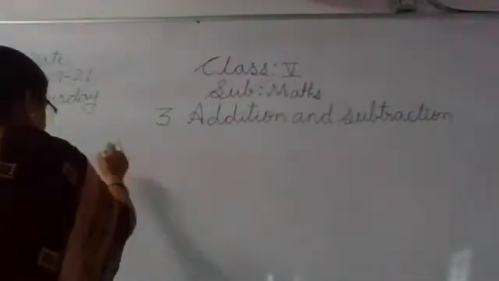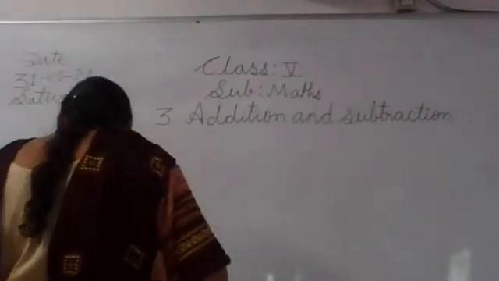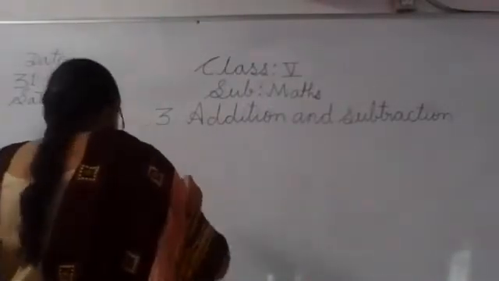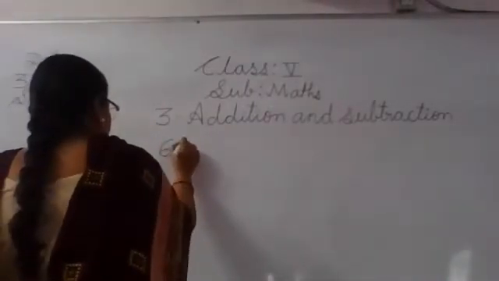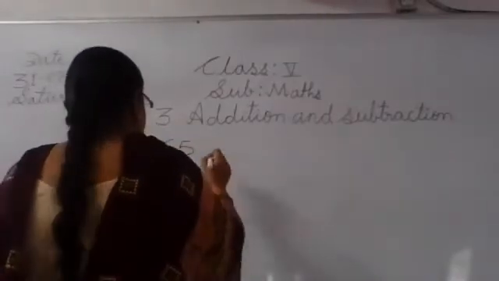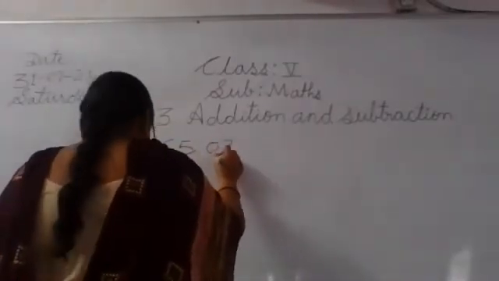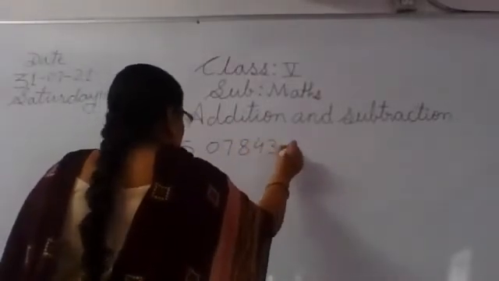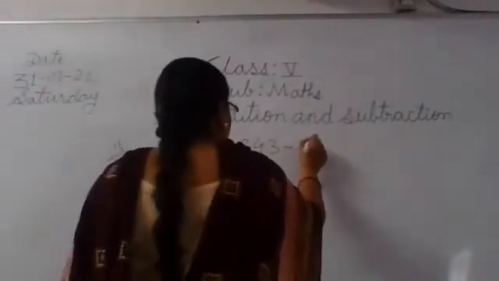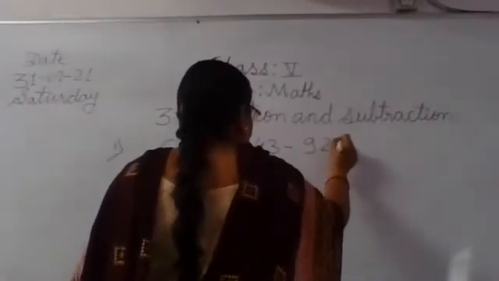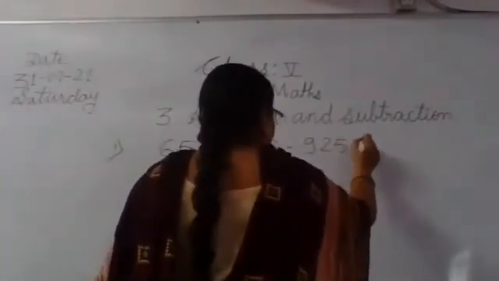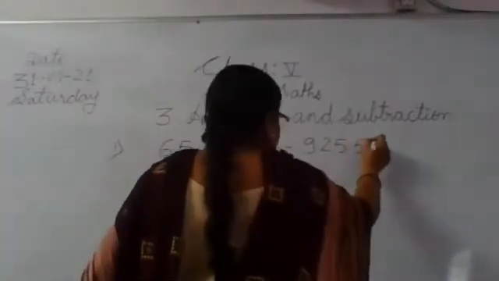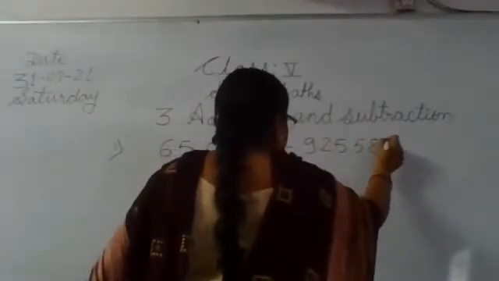So the first example is written: 65 lakh 7,843 minus 9,25,586.